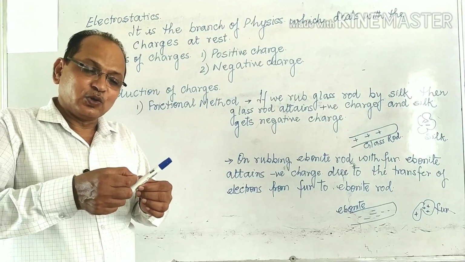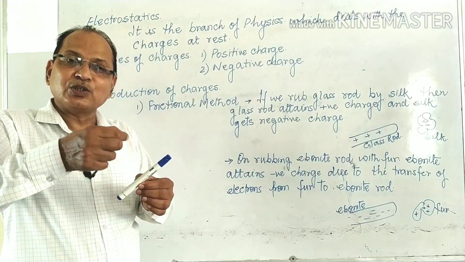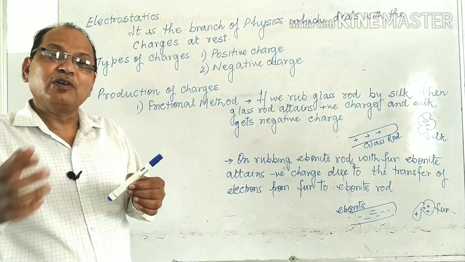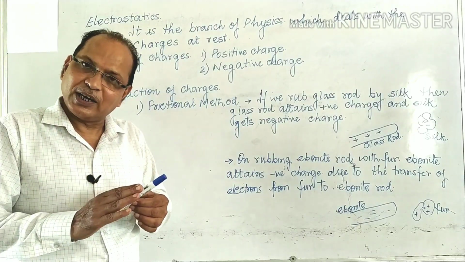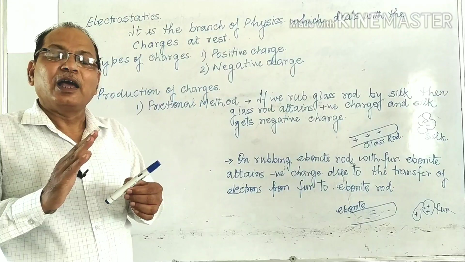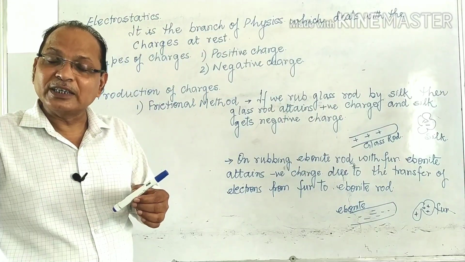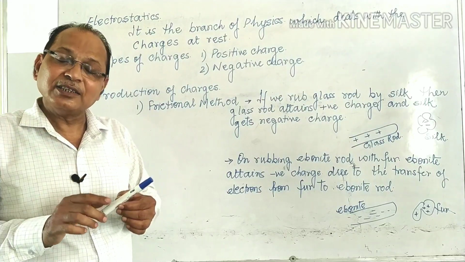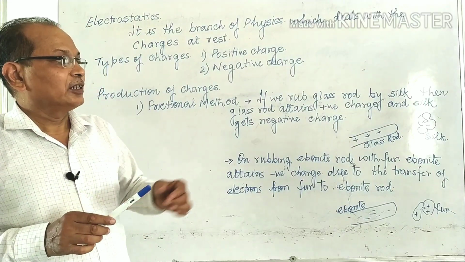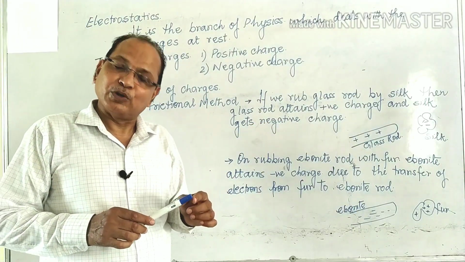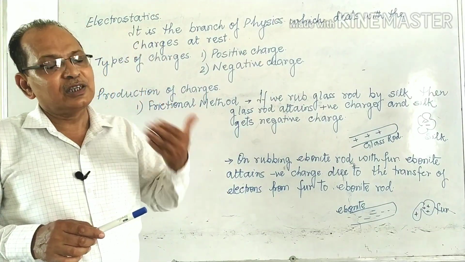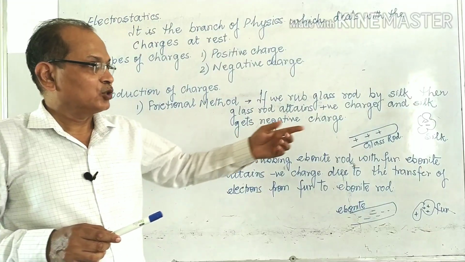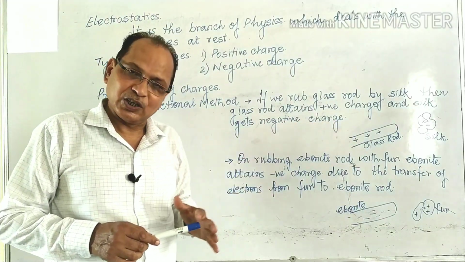Because the electrons are transferred from the glass rod to the silk. So there will be fewer electrons on the glass rod and the number of electrons increases in the silk, as a result of which the glass rod attains positive charge, and on the silk the electron number increases, so it becomes negatively charged.